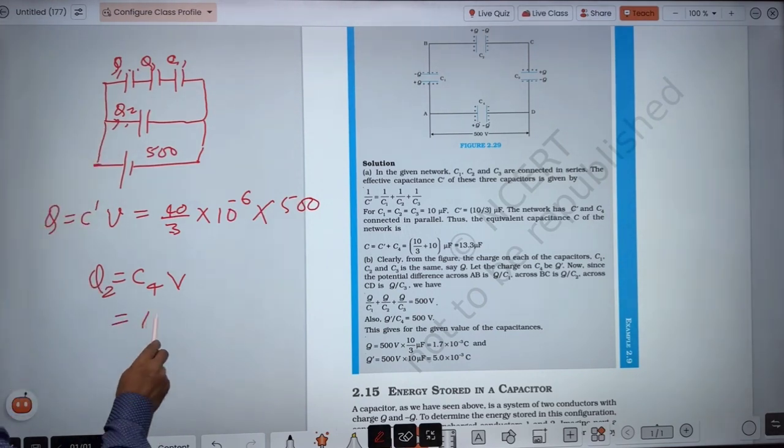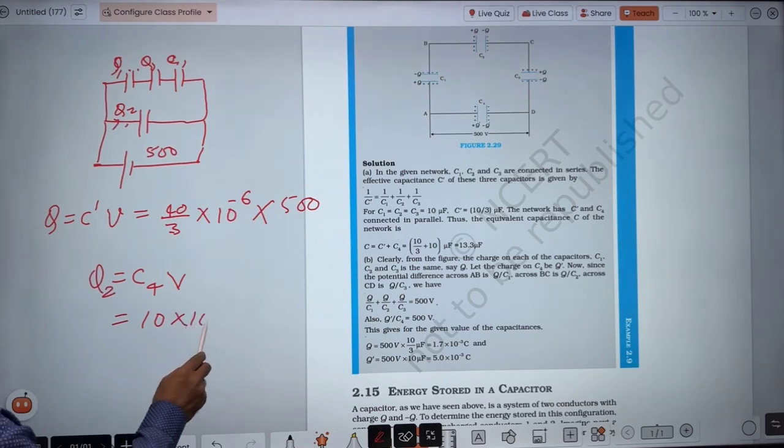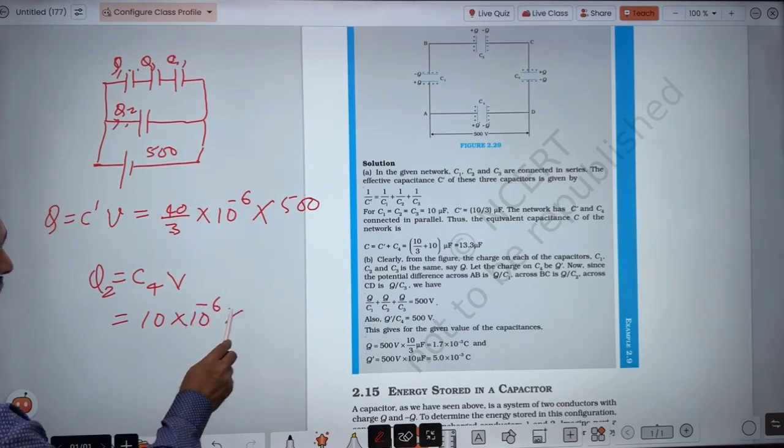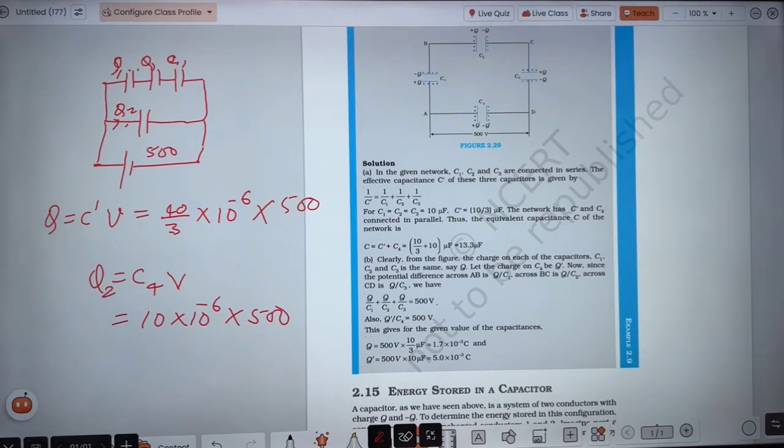C4 means 10 microfarad, 10 into 10 power minus 6 times voltage 500. So you can evaluate it, it will become how much? 5 into 10 to the power minus 3 coulomb. So Q2 will be 5 into 10 to the power minus 3 coulomb.